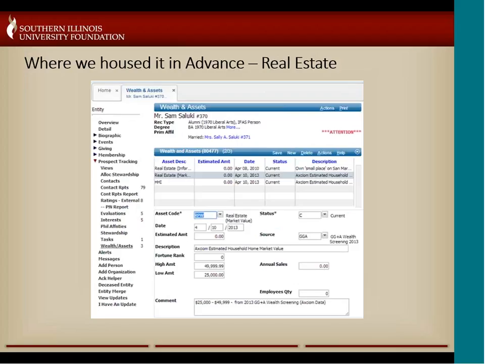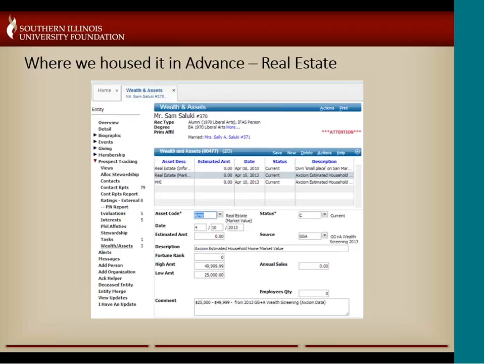Now that could be one of their second homes. This is not an exact science. So we also know of their homes, and so we could put that in wealth and assets. And you can see there's other wealth and asset information. It says they own a small place on Marco Island down in Florida, I believe, is where that's located.